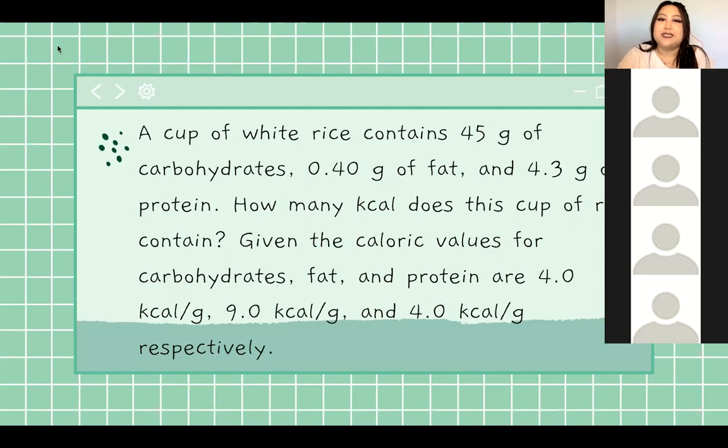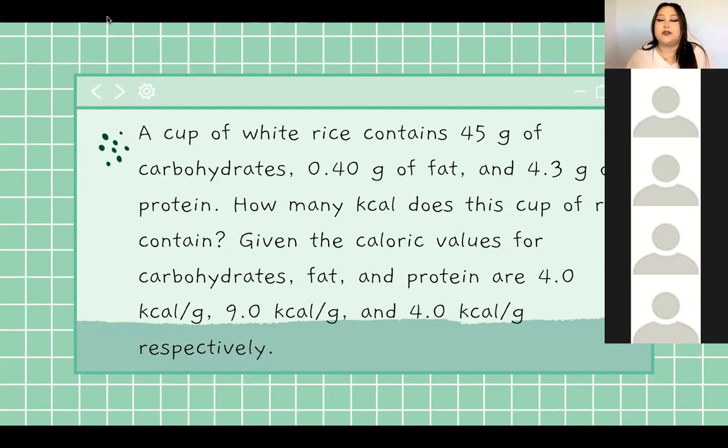A cup of white rice contains 45 grams of carbs, 0.40 grams of fat, and 4.3 grams of protein. How many kcals does this cup of rice contain, given the caloric values for carbs, fat, and protein are 4.0 kcal per gram, 9.0 kcal per gram, and 4.0 kcal per gram, respectively?